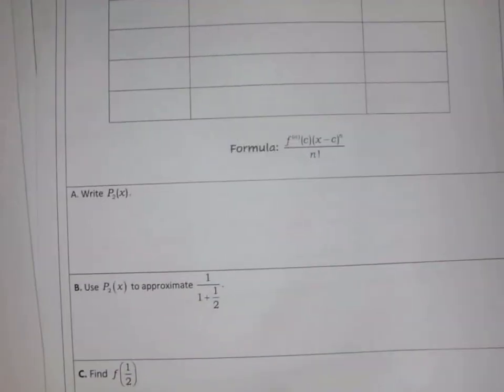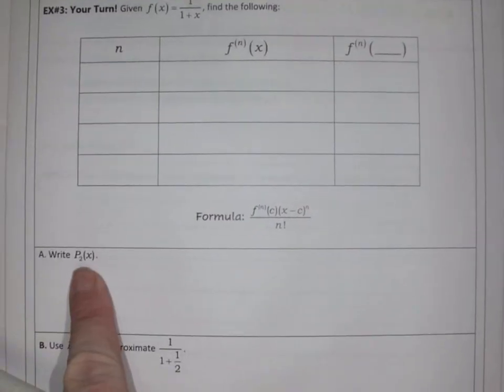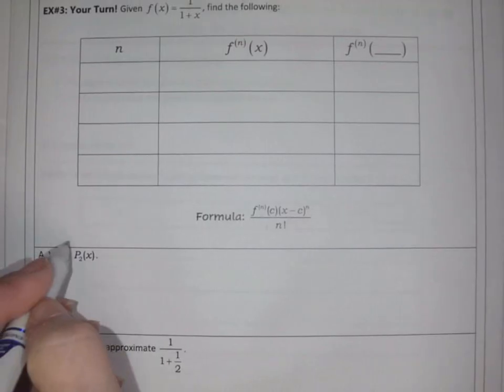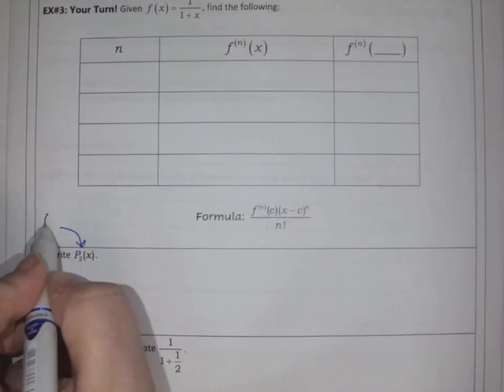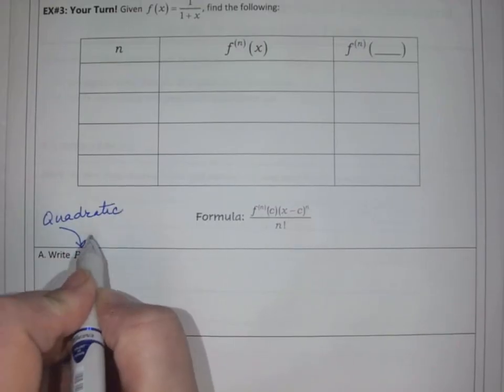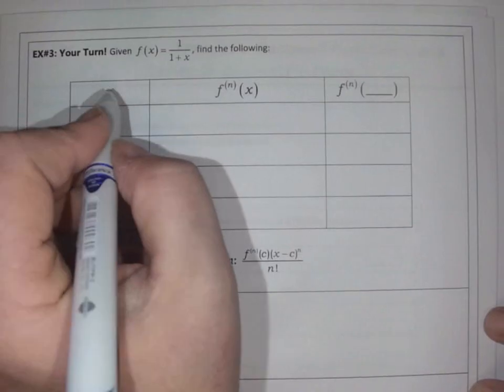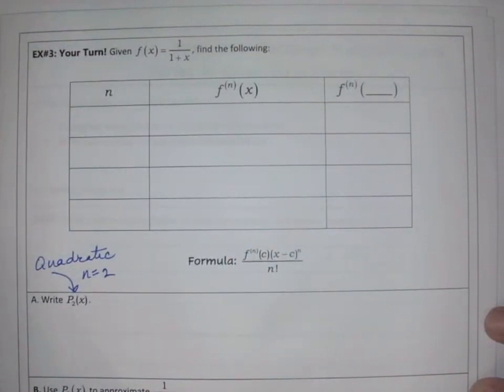It's our last one. We have the function 1 over 1 plus x. So it's asking us to write a P2. So that means that we want a quadratic. So we need to go till n is equal to 2. So, what are we centered at?